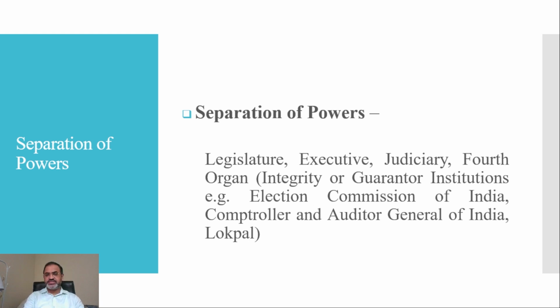So, this is how separation of power is at play. And as I said, separation of power is the pivot which ensures that constitutionalism is at play, that the powers of the state are not absolute, and there is an institutional check and balance that is existing in any given system.